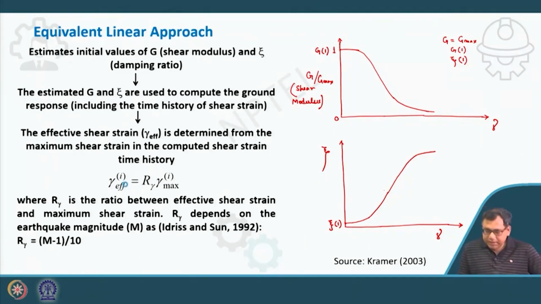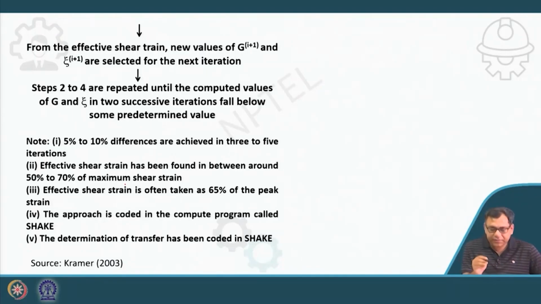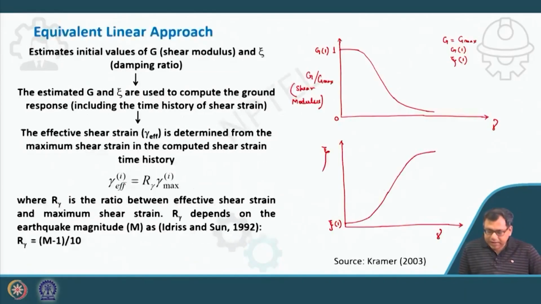Okay. So the next step is that from the effective shear strain, new values of G and damping ratio are selected for the next trial. So when you calculate the effective shear strain, if that effective shear strain is the same as the shear strain corresponding to which you assumed G and damping, then it is okay. You can stop the trial there, but definitely in the first trial it will not come.